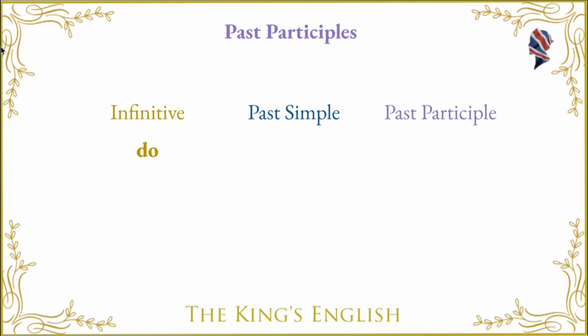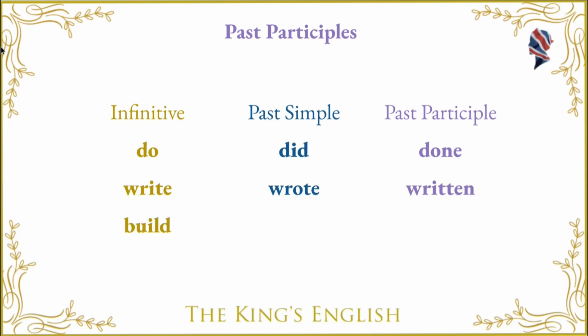When the infinitive is do, the past simple is did, the past participle is done. When the infinitive is write, the past simple is wrote. We need the past participle, which is written. When the infinitive is build, the past simple is built, and the past participle is built.